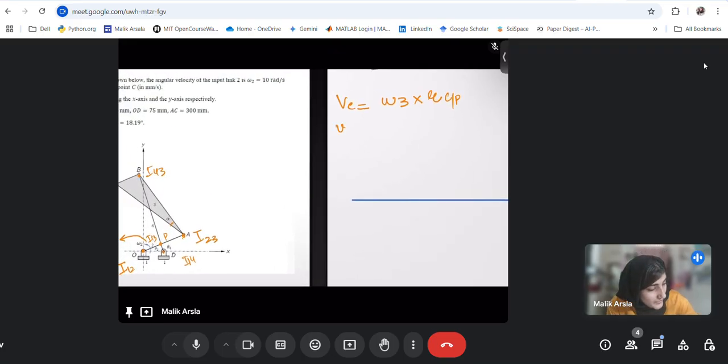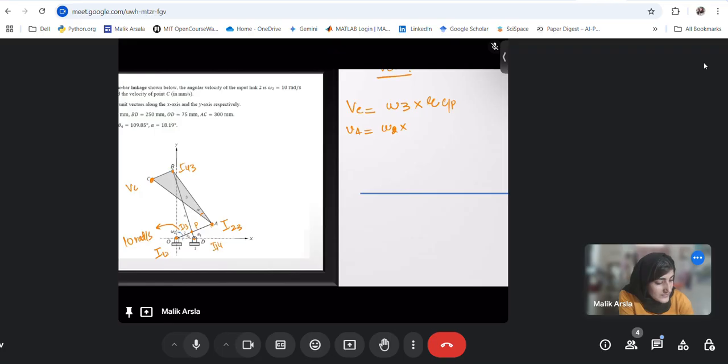So VA will be equal to omega 2, and I12 is here and this point A is here, so you will write this distance RAO, basically this link length.